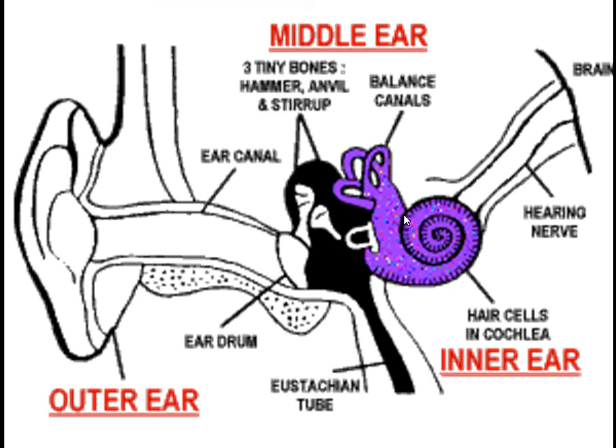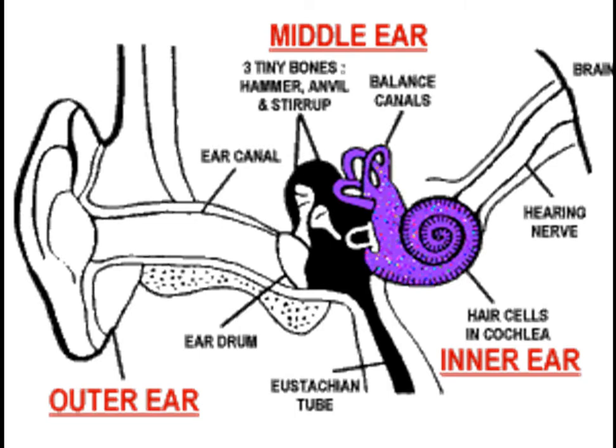In the internal ear, we have three semicircular canals, and this snake-like structure, which is called the cochlea. The three semicircular canals are mainly responsible for the balancing of the body, and you have already studied it with the cerebellum, how they control the body equilibrium with the cerebellum.